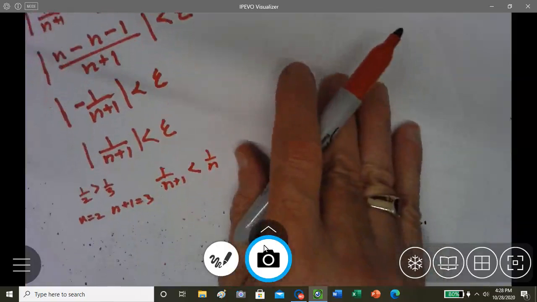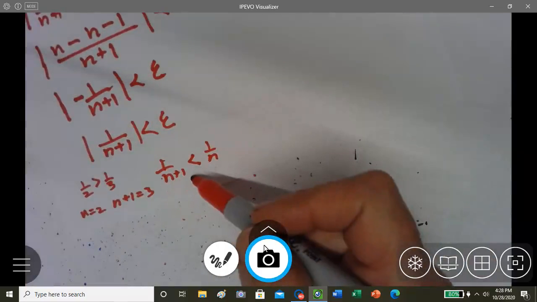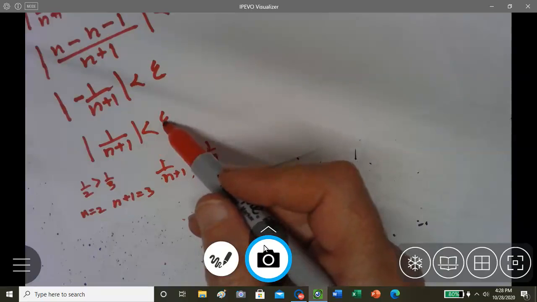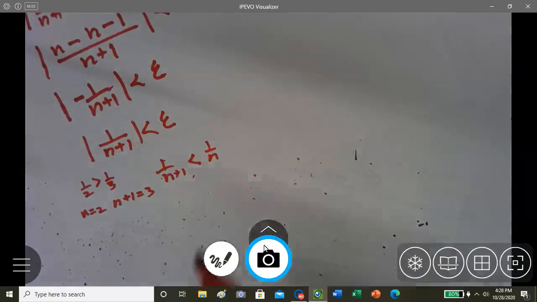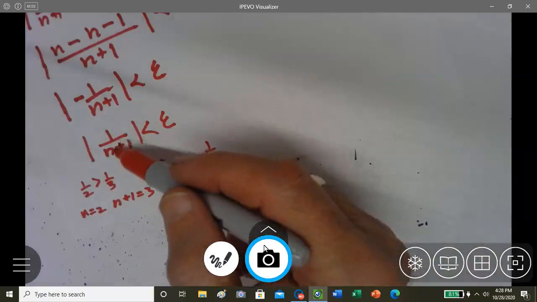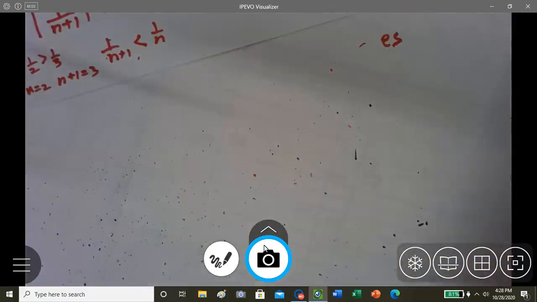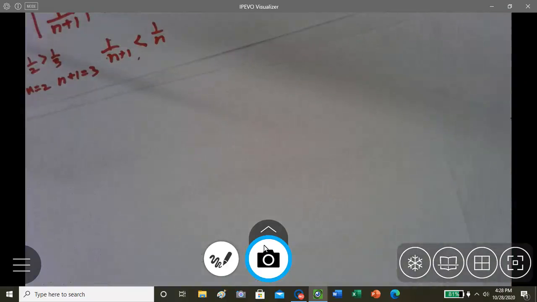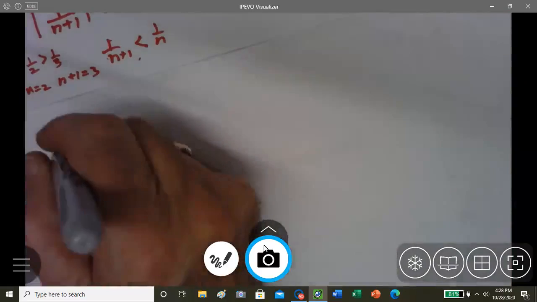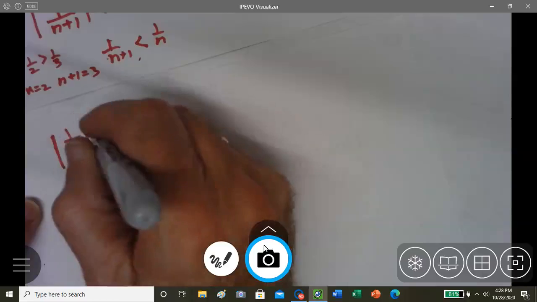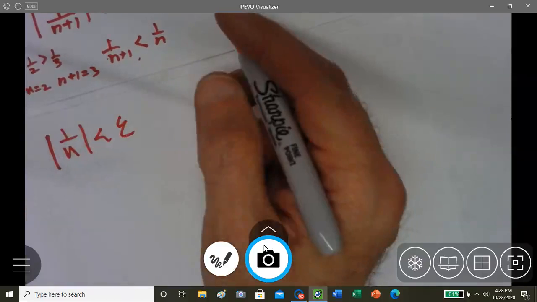So going smaller is okay. We can do that because it has to be less than epsilon anyways. So we're saying that 1 over n plus 1 is less than 1 over n. So we're replacing 1 over n plus 1 with 1 over n, which is less than epsilon.